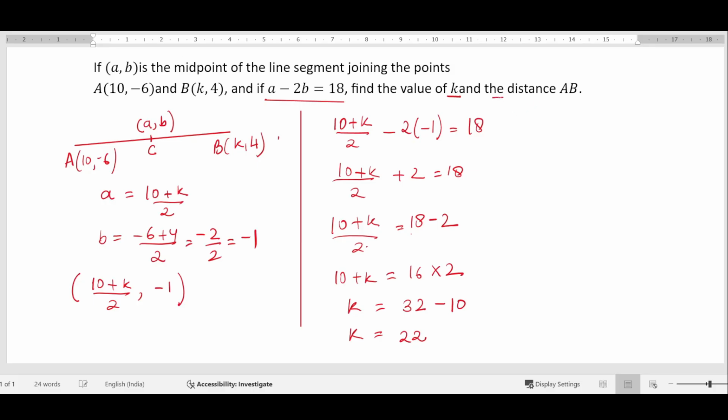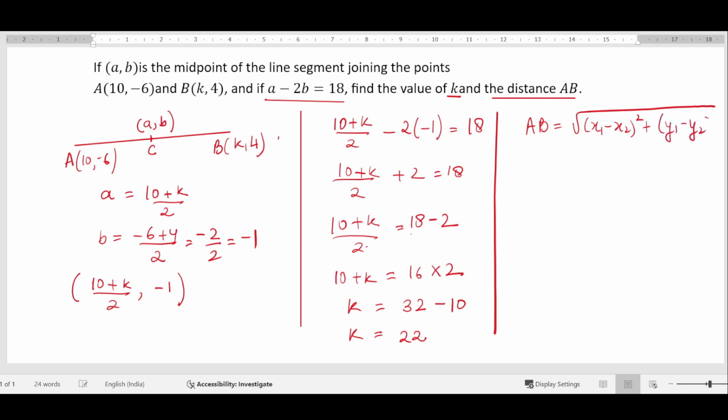Now we have to find AB. By the distance formula, AB is equal to the square root of (x1 - x2) whole square plus (y1 - y2) whole square. We will get the values of x1 and x2 from here. So AB is equal to the square root of (10 - k), where k is 22.